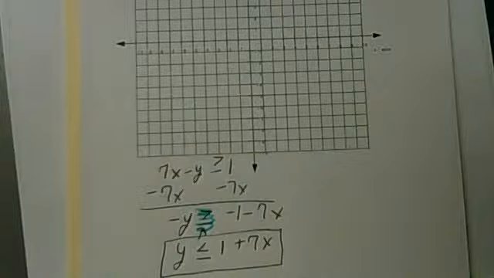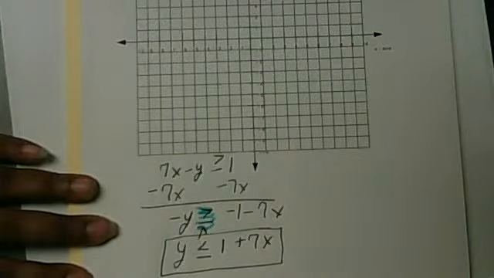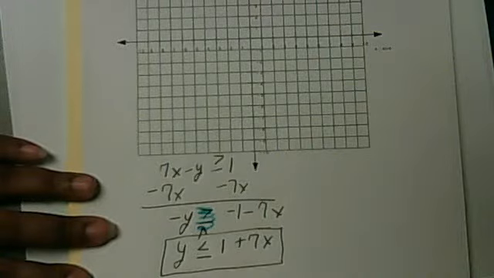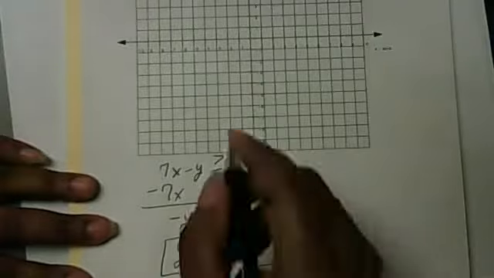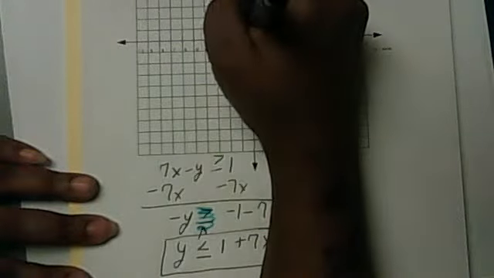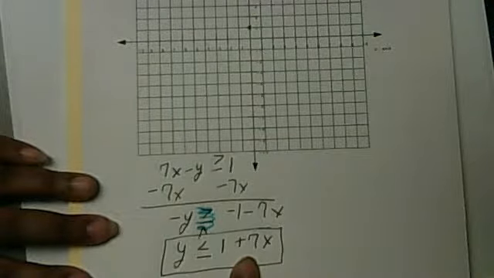So then we'll go back in, and I'm actually going to graph a different way. Alright, as far as my calculator is concerned, I can use y equals mx plus b, with 1 being my intercept. And then 7 is my rise over run.